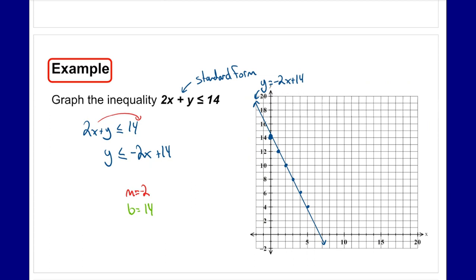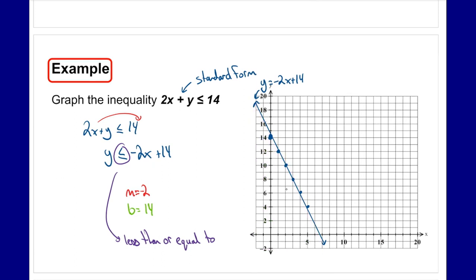And the inequality in this case is saying that y is less than or equal to. So less than or equal to would be below the line. So I would shade everything on my graph below the line.